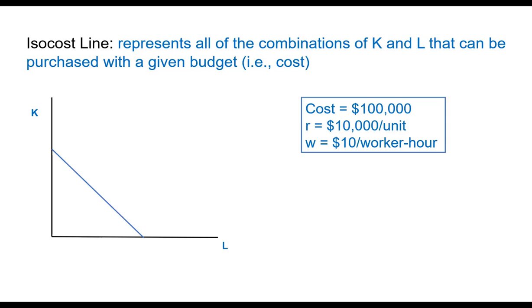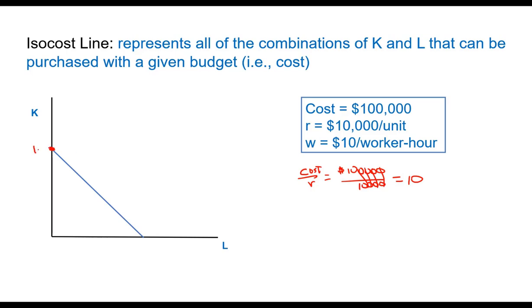So let's suppose that we have a cost of $100,000 and that the user cost of capital is $10,000 per unit and that wages are $10 per worker hour. If we spend all of the budget on capital, we would be able to hire cost over user cost of capital. We'd be able to hire 10 units of capital.